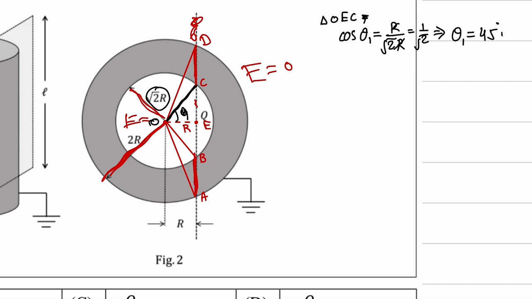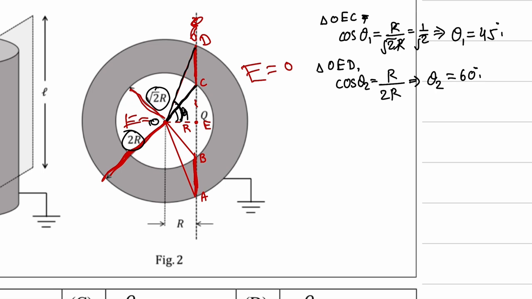We discuss the same thing for triangle OED, taking theta 2. Cos theta 2 is equal to adjacent r over hypotenuse 2r, the outer radius. From this we get theta 2 to be 60 degrees.